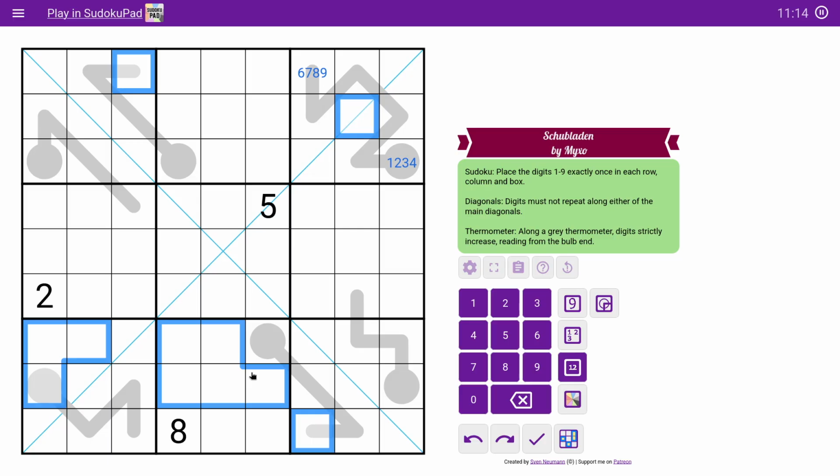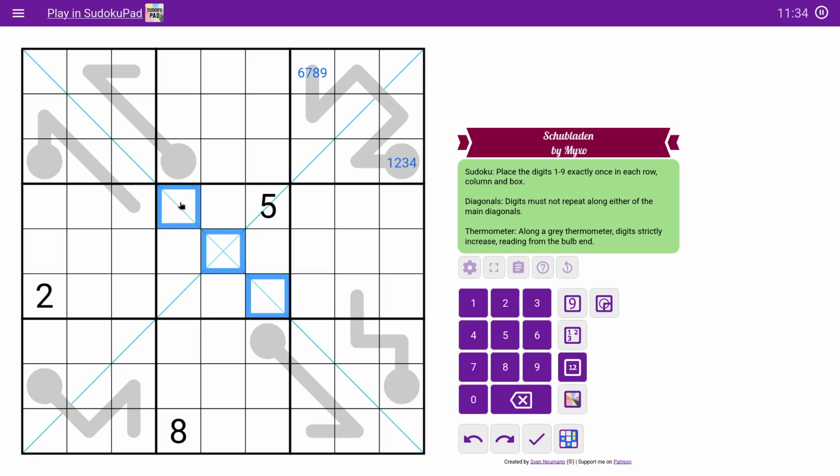I mean, it feels like there's something there, but what? I think with 2, I mean, I think we said there cannot be 2 here.